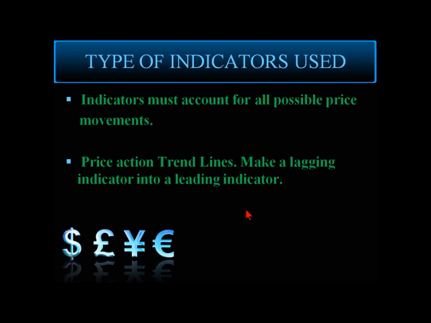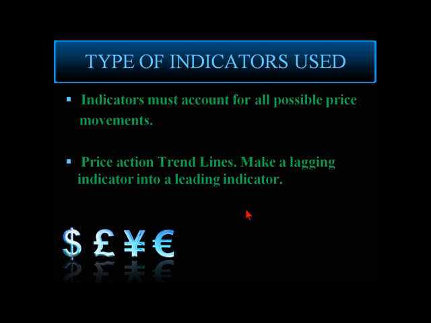Then I think it was around 1994, Steve Nison came out with a book called Beyond Candlesticks. And I got two things out of this book. One was Renko bars, which he introduced to the West from Japan, and the other was the disparity index, or DIX, which I'll go into a little bit of detail on later.